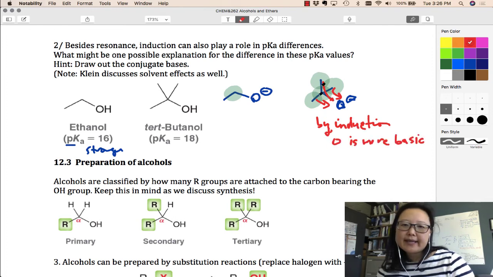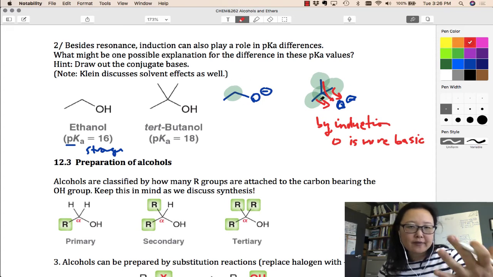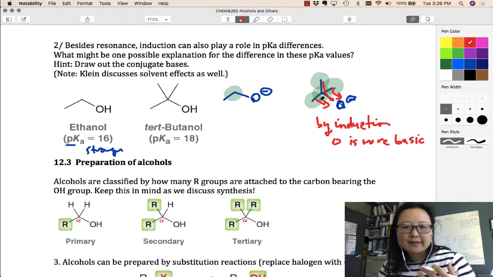So I'm going to say by induction, the electron density gets concentrated more on this O than on this O, because this one doesn't have access to as many R groups nearby. It has this one, and it might have a chain, but it's not the same as having them really close by like here. So the more branching you have, the more immediate that induction is felt.